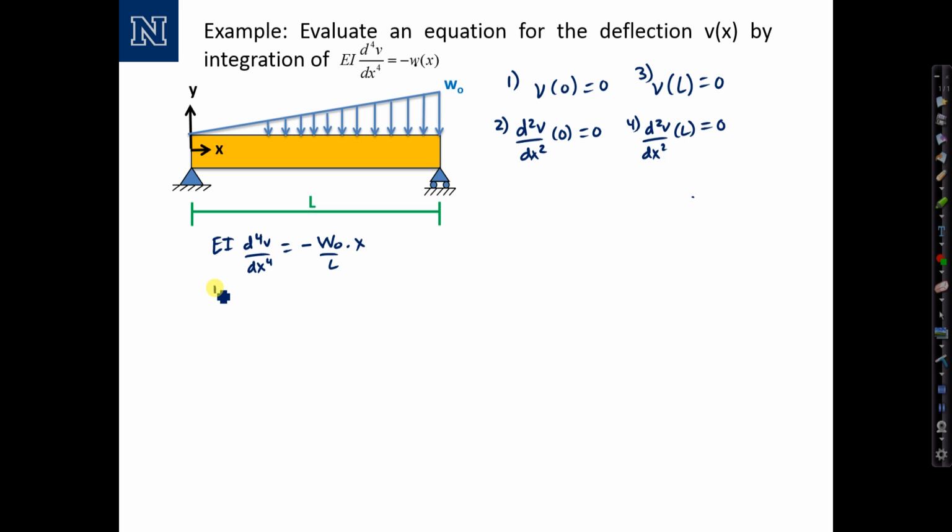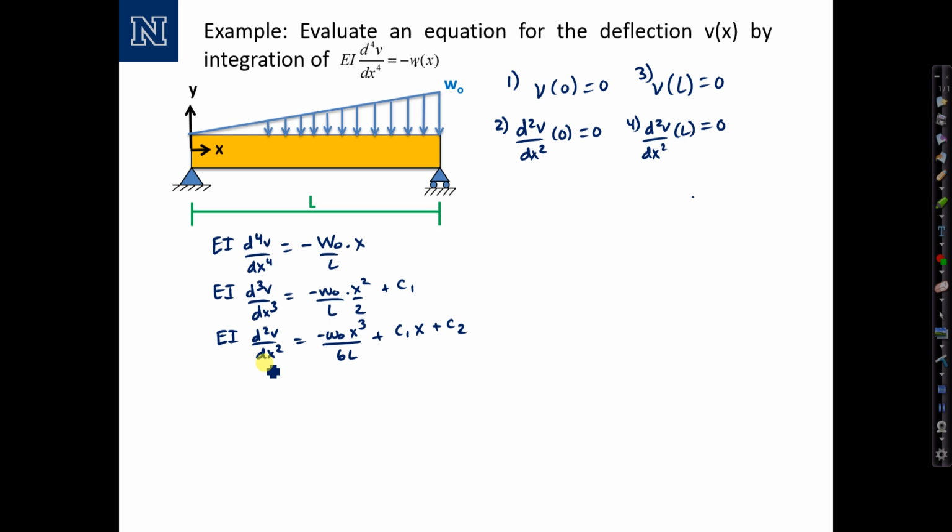Let's integrate once. EI d cubed v by dx cubed equals negative w naught over L times x squared over 2 plus a constant of integration. Let's integrate again. EI d squared v by dx squared equals negative w naught x cubed over 2 times 3 is 6L, I'm going to switch the order there, plus c1x plus c2.